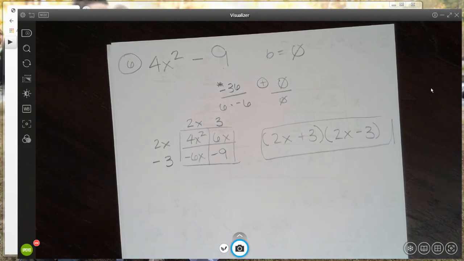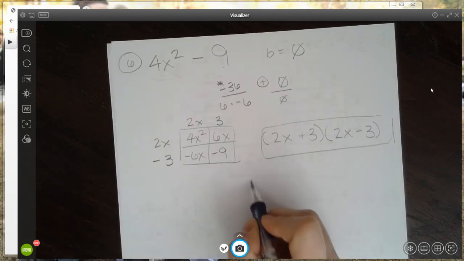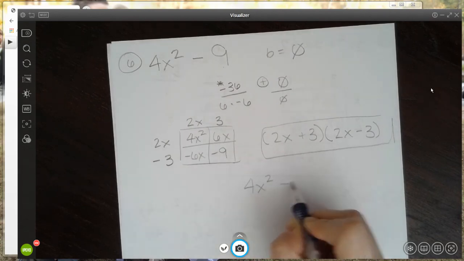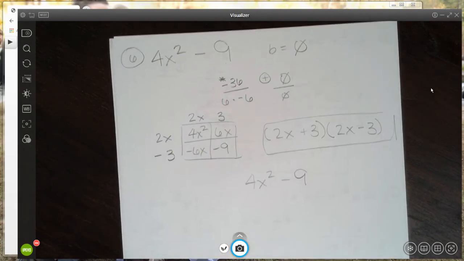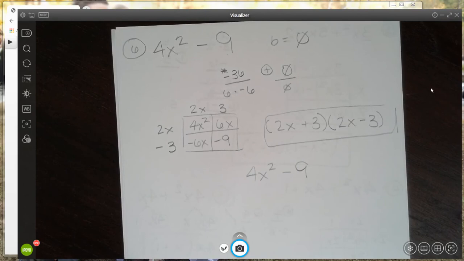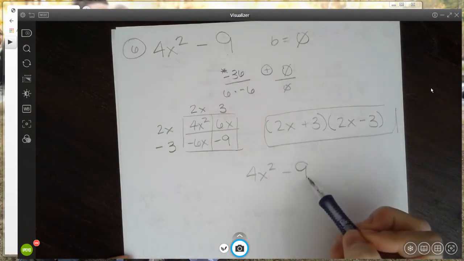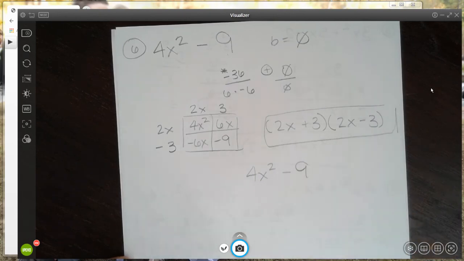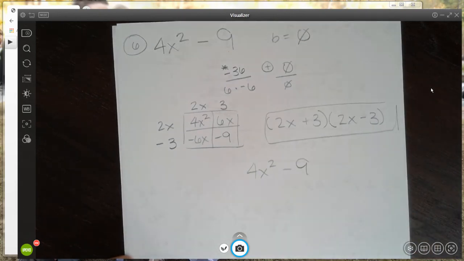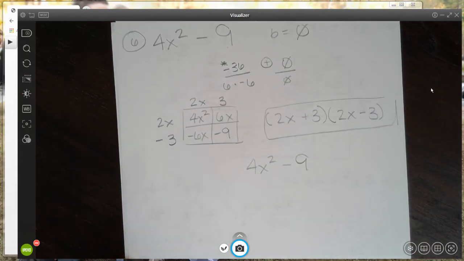But if you think about what types of numbers 4 and 9 are, I can get from 2 to 4 and from 3 to 9 by doing one operation. I could square 2 and get 4. I can square 3 and get 9.